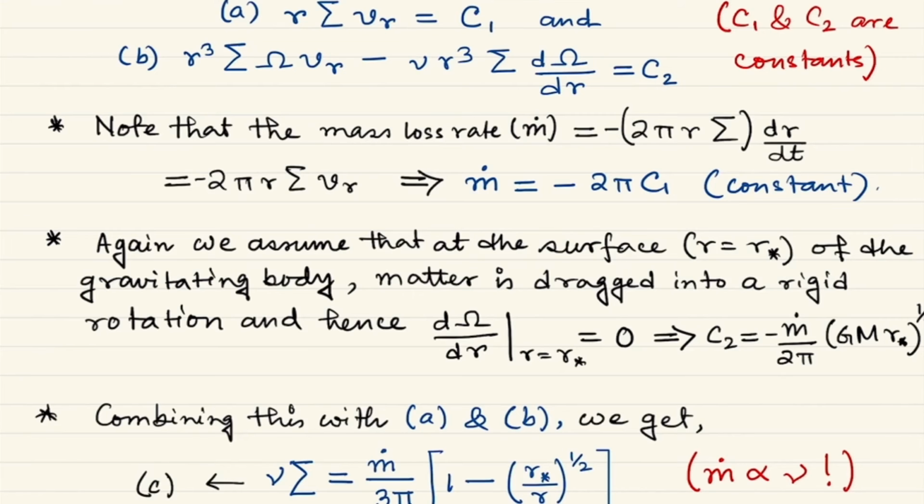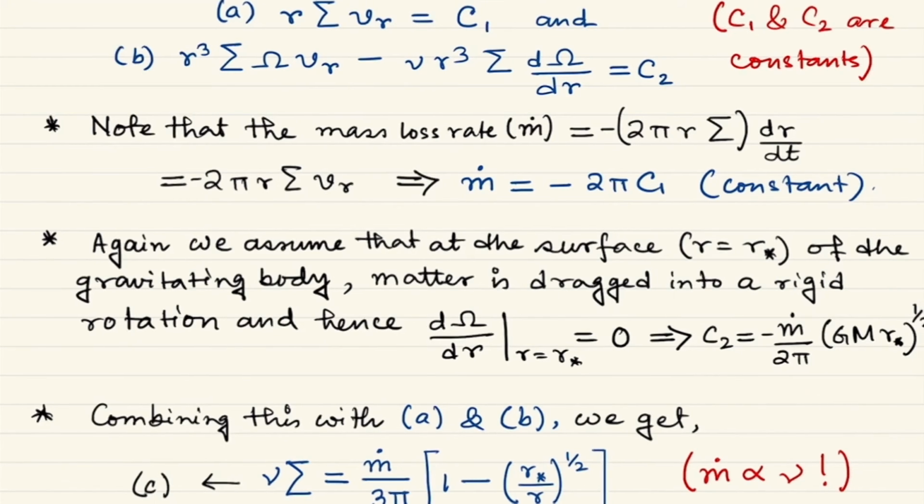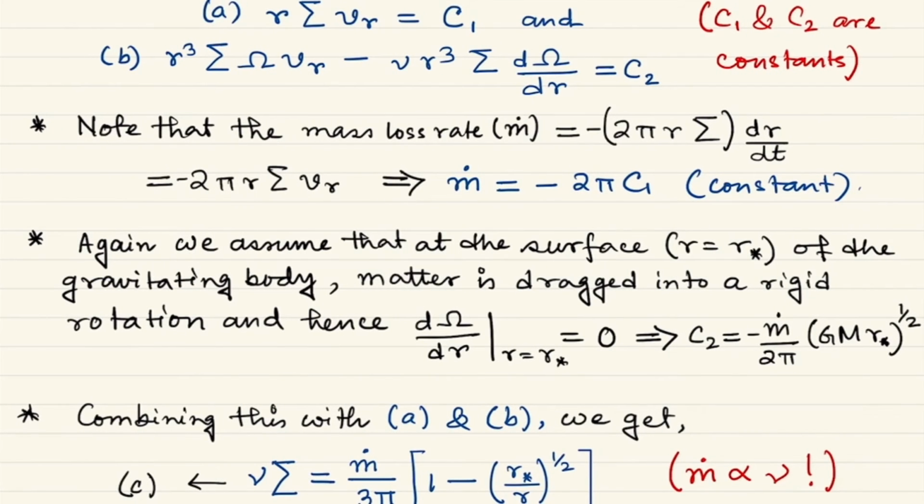Then, using this expression, you can express C2 is equal to minus M dot by 2 pi times (G M R star) whole to the power half. Okay. Now you see again, both C1 and C2 are proportional to M dot.